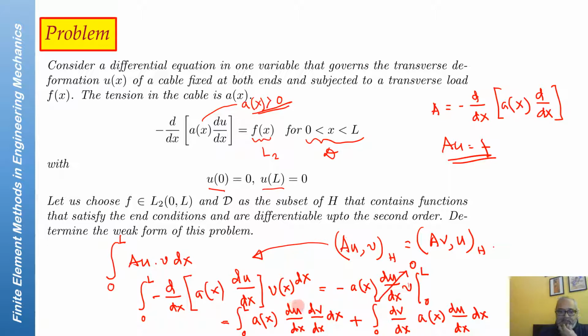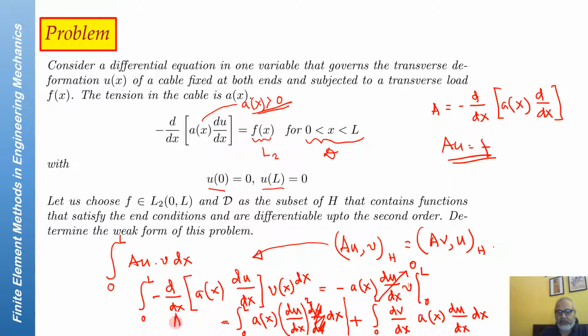And you can immediately see a couple of things, that if I interchange u and v, this remains the same. So I could have as well started from Av times u and I would have reached the same point, right? The other thing that you can see is if I now put u and v to be the same, this becomes (du/dx) whole square.